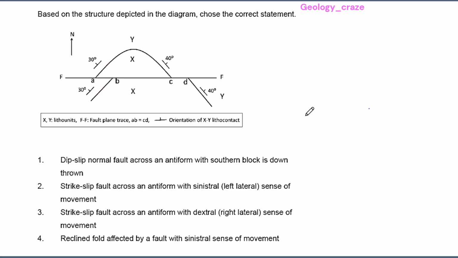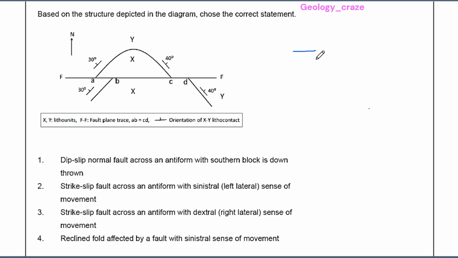So now suppose our original data is horizontal. This is the cross sectional view.